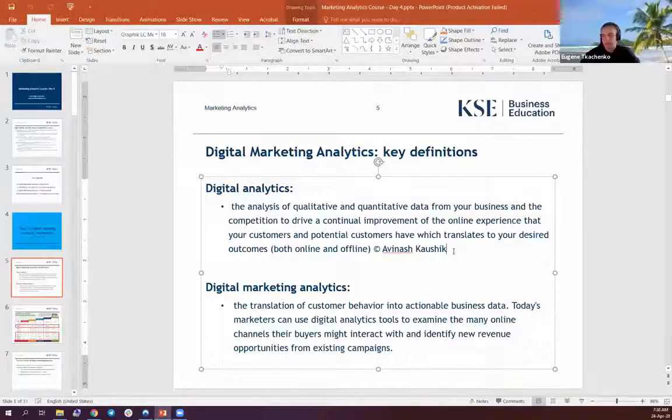So the definition of digital marketing analytics is next. It is the translation of customer behavior into actionable business data.